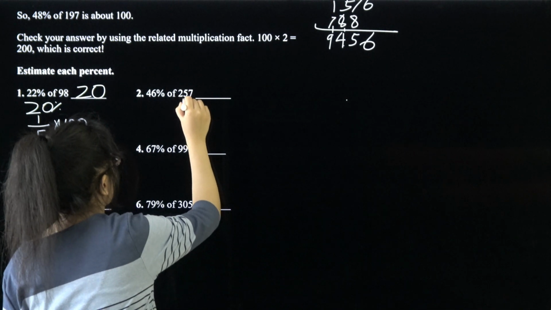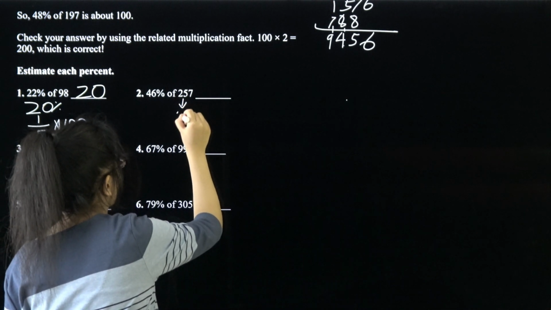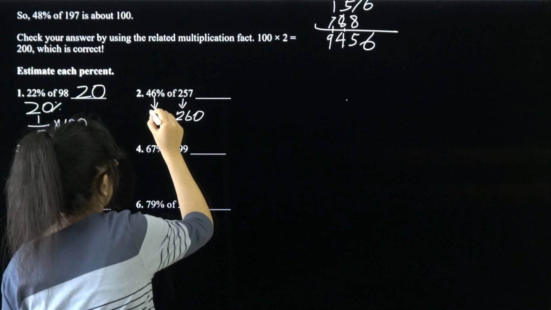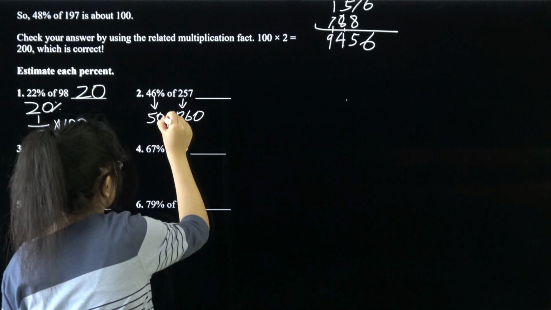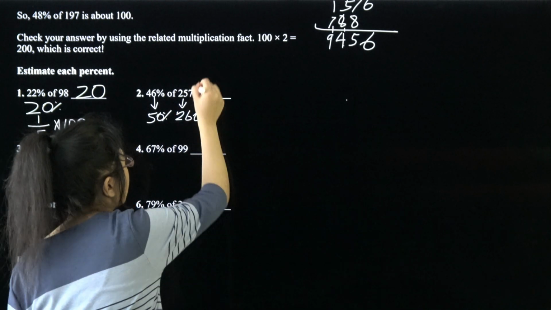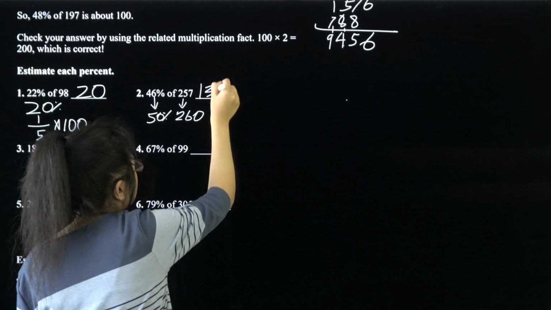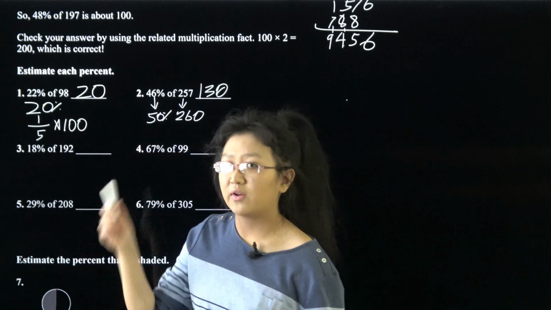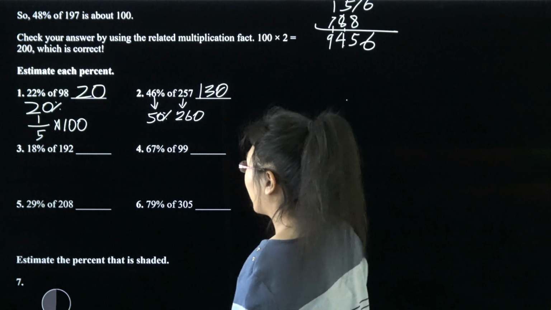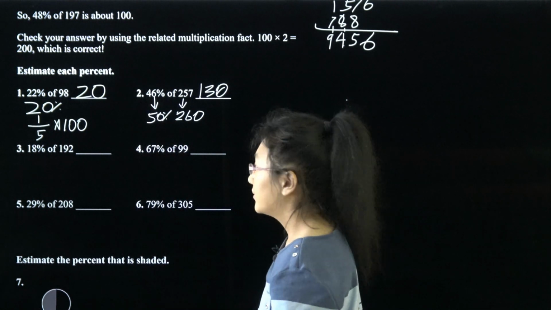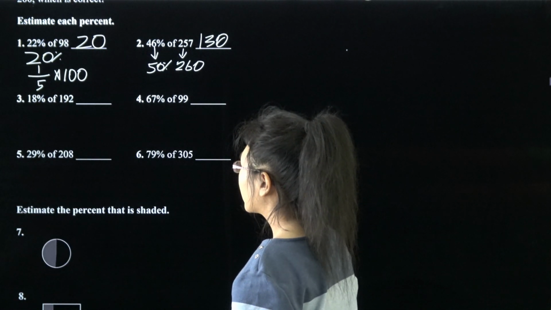So we can say that this one's around 260 because this one rounds to around 50. So 50% or half of 260 is 130. Now you might get slightly different estimates, but if they're around that, then it should be fine because you might be estimating it to 45%.